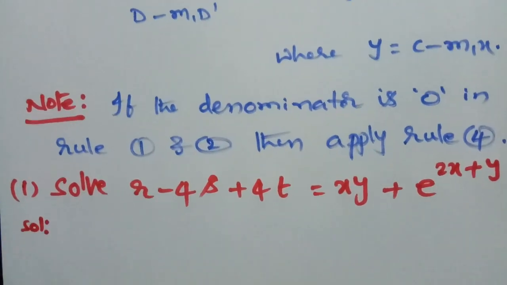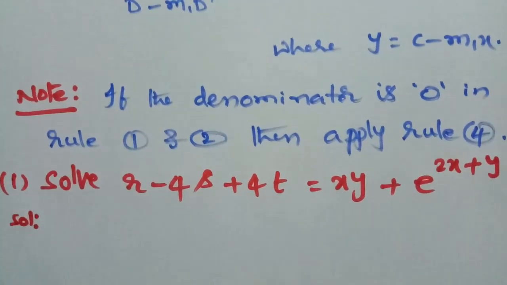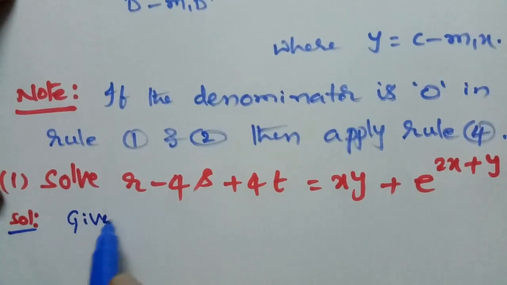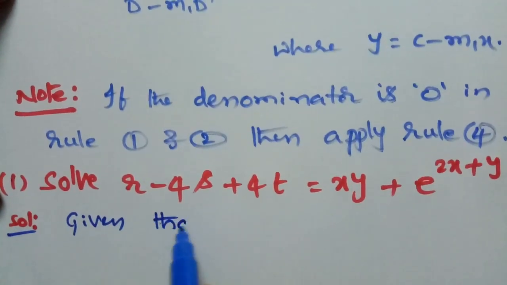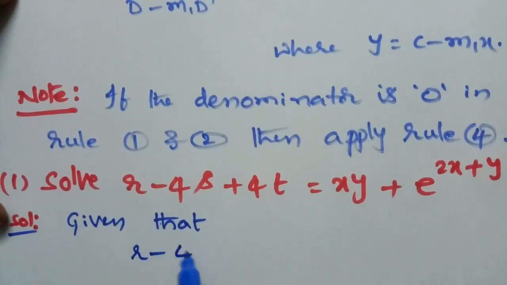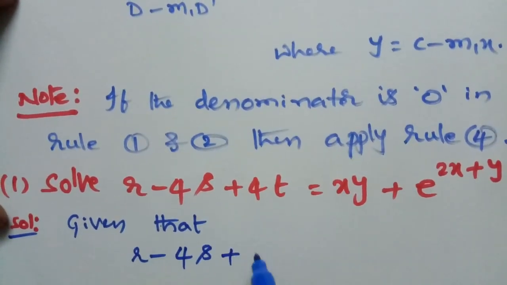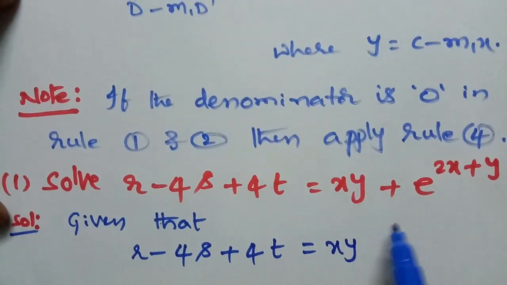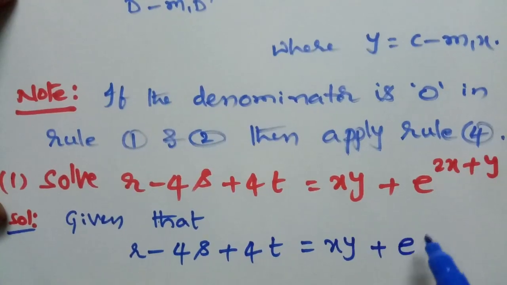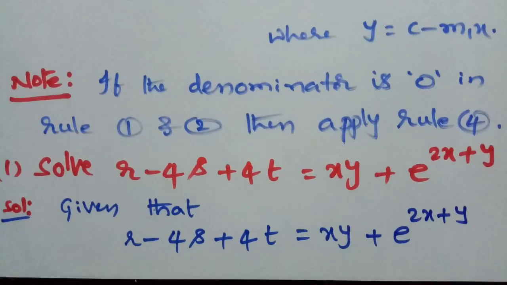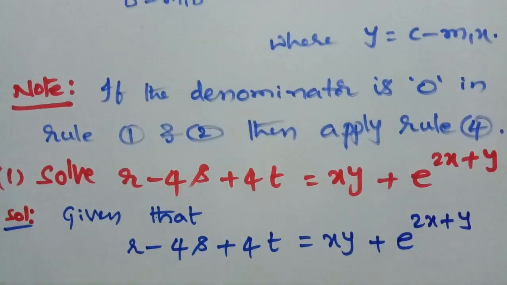First write down the given equation. Given that r minus 4 into s plus 4 into t is equal to xy plus e to the power of 2x plus y. Say this is equation number 1.